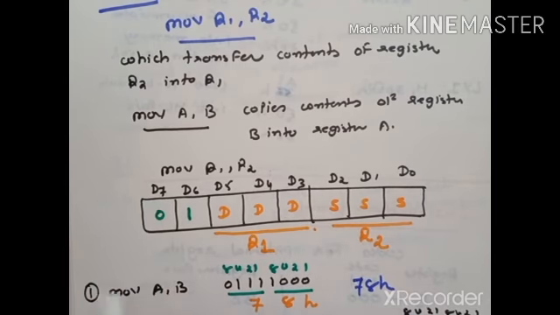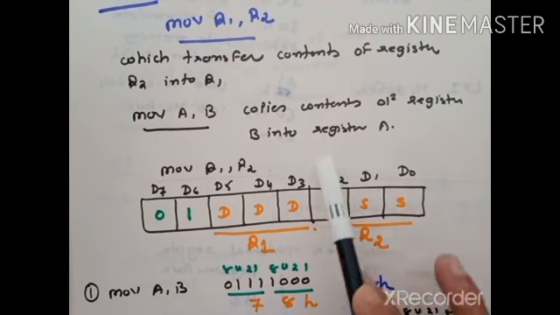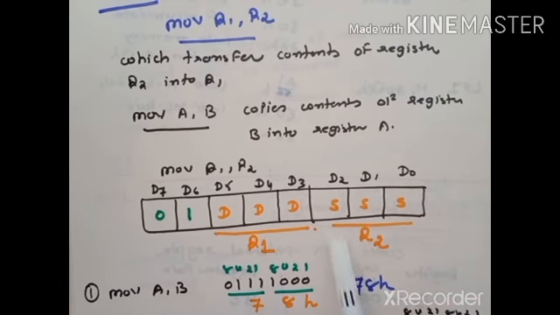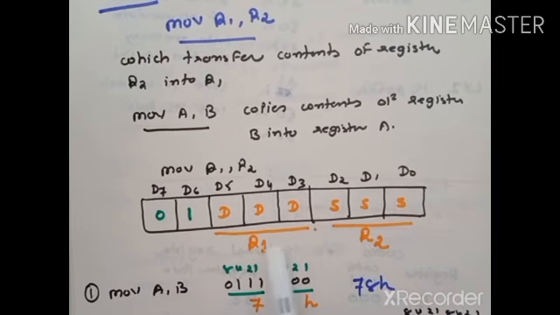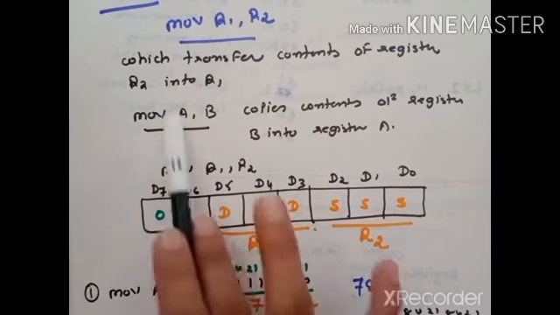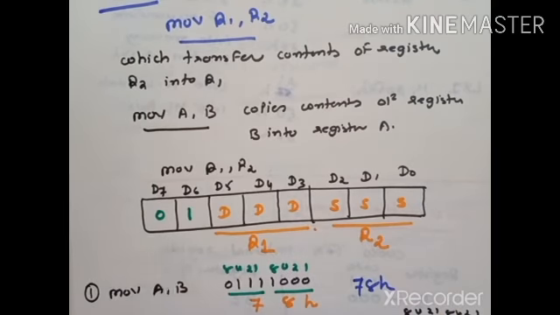In that 8-bit data, D0, D1 and D2 are used for the equivalent code for the source register. Then D3, D4 and D5 are used for the equivalent code for the destination register. Then for the MOV instruction, this 01 is a fixed code.